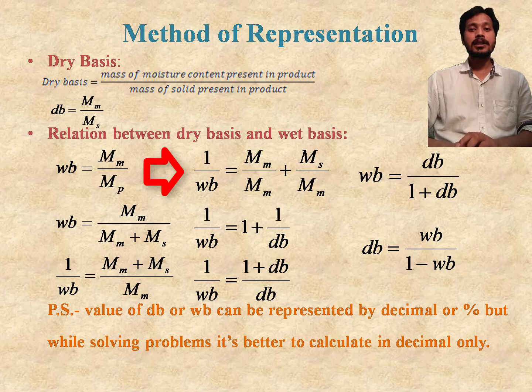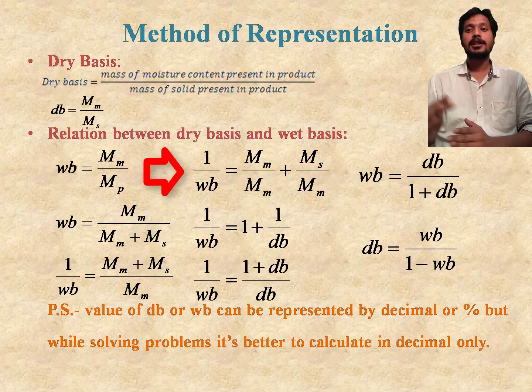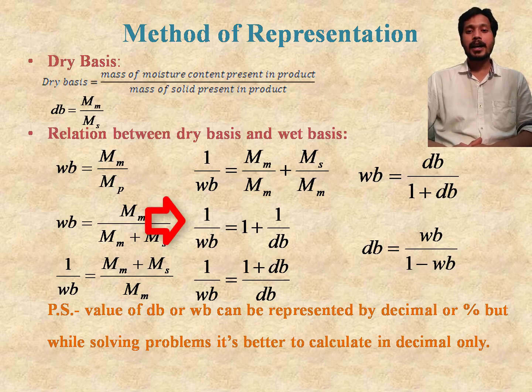Now if I split this right hand side into two, it becomes 1 by WB equals mm by mm plus ms by mm. Next, mm by mm, I can cancel these two terms, so it remains 1. So finally we get 1 by WB equals 1 plus.